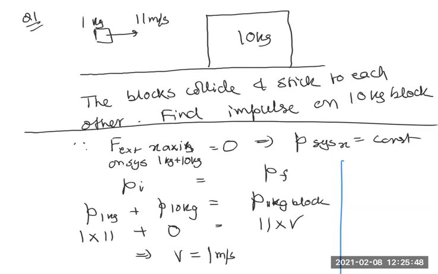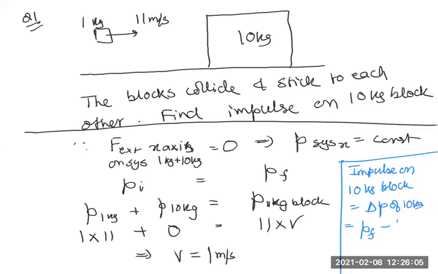Okay, and now I can simply say that impulse on the 10 kg block is equal to change in momentum of the 10 kg block. Final momentum minus initial momentum of the 10 kg block. Final momentum is 10 into 1 because its velocity is 1. Initial momentum is 0. So this must be 10 kg meter per second.